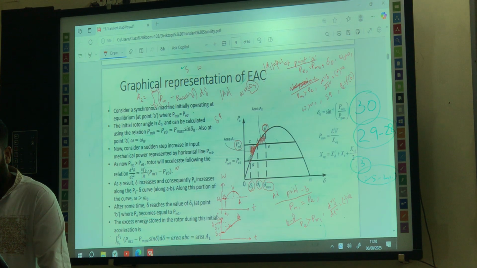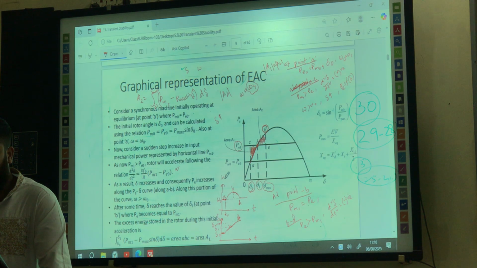Now just look at the omega versus T and delta versus T curves. I will explain these two curves. From A to B, what happened to the omega? It increased from omega naught. That's why from A to B it is increasing.